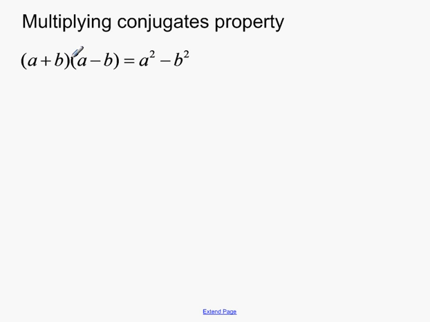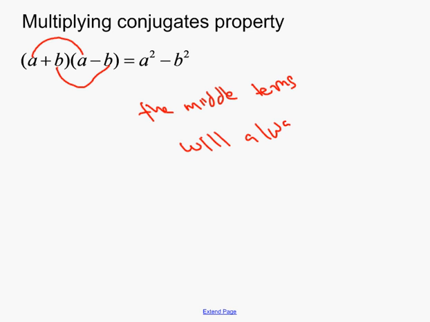So it's just going to be A times A and B times -B, because the middle terms will always cancel out. And this is only for when you multiply conjugates.